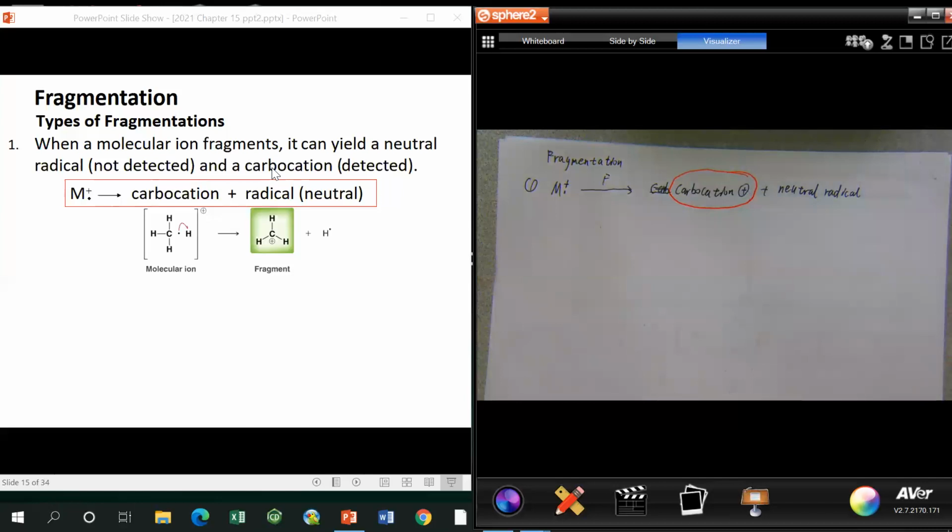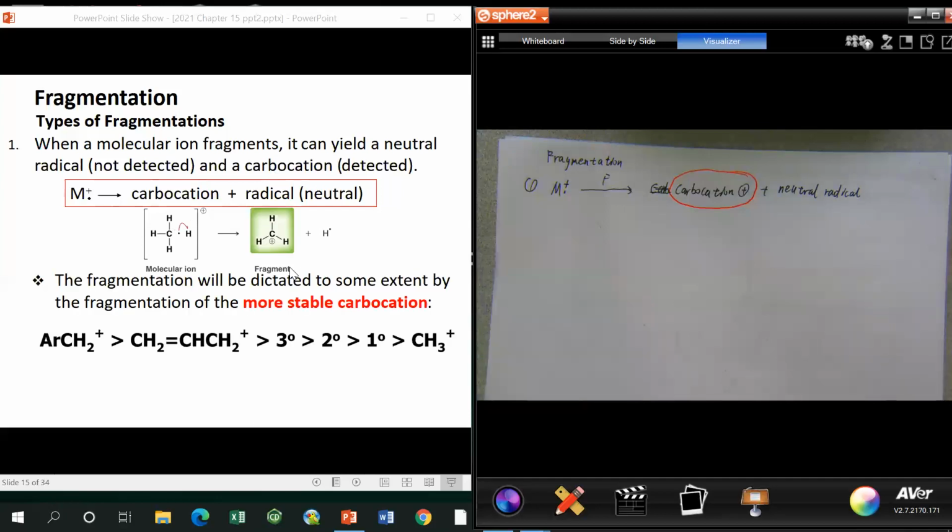To break the molecule into certain fragments comes down to the stability of the carbocation. Here is one example: the molecular radical cation breaks up into a carbocation plus a neutral radical, and it depends on the stability of the carbocation.